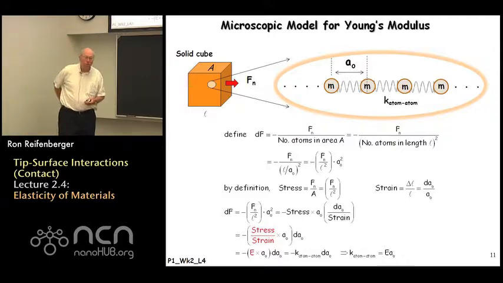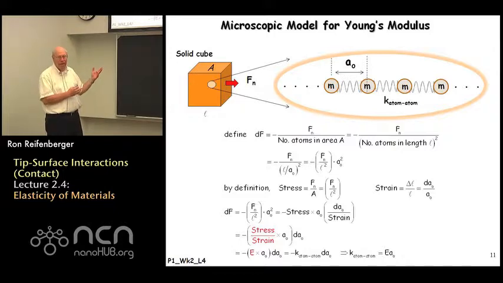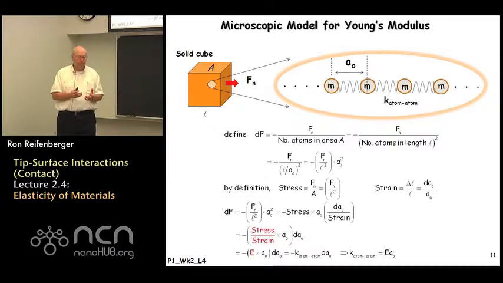It's also useful to have in your mind a microscopic model of what Young's modulus is trying to capture. And I try to suggest such a simple model in this particular slide. In particular, I'm going to view the solid as comprised of a bunch of atoms that are interconnected one by another with springs.